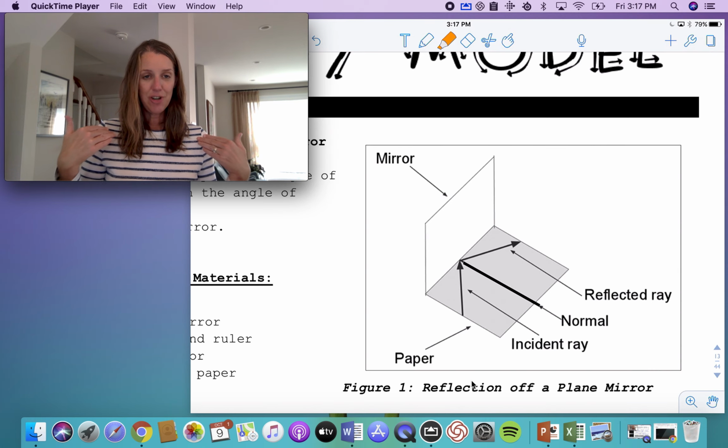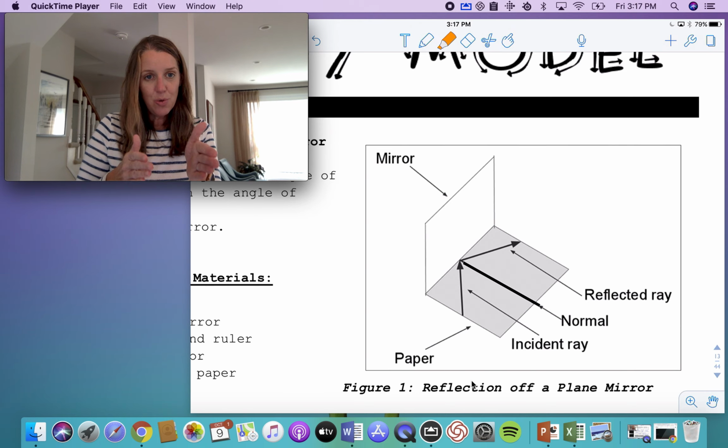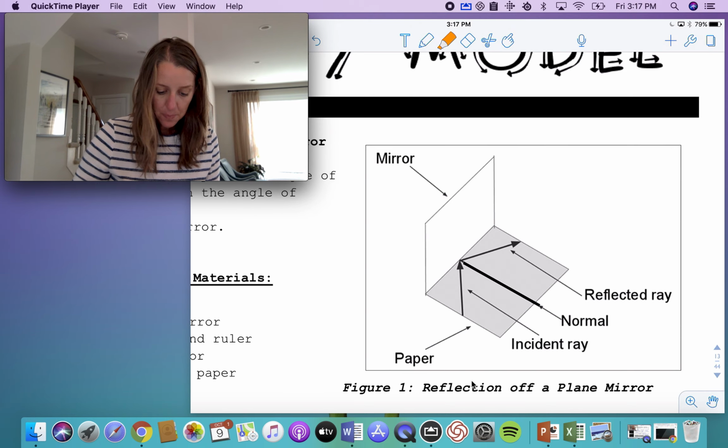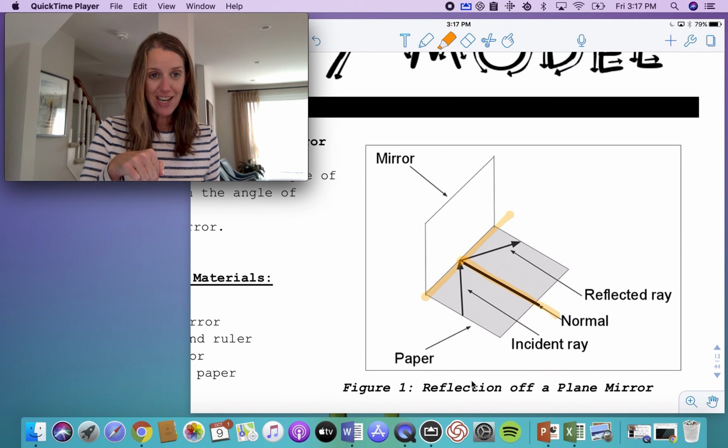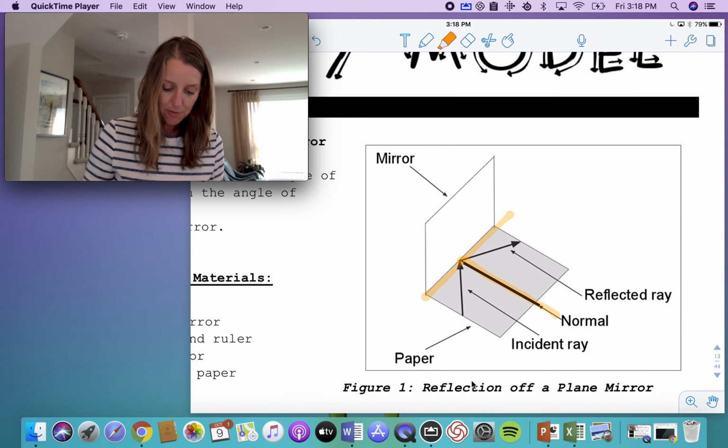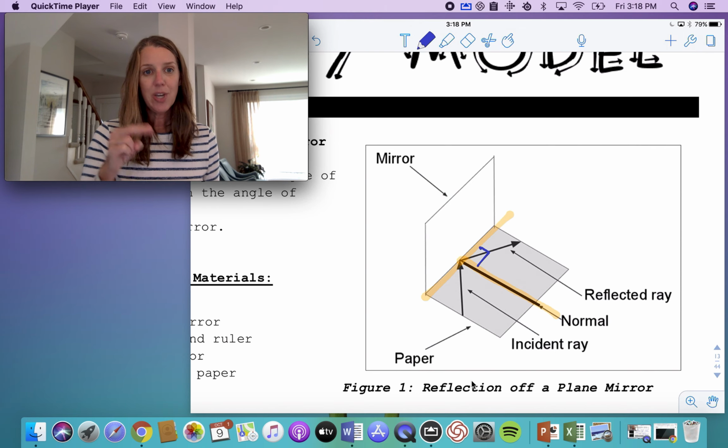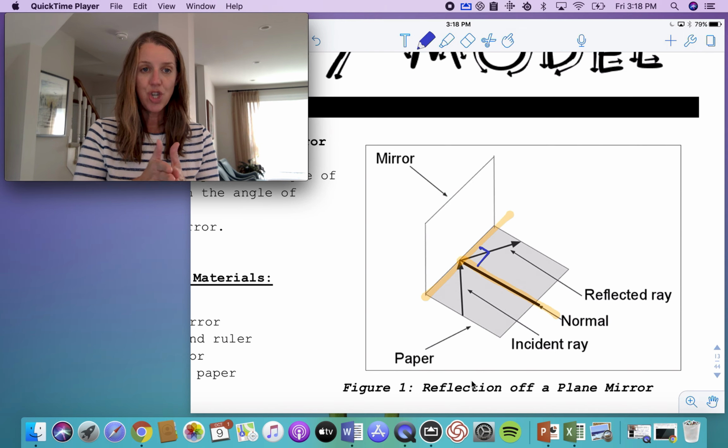Turn the lights on, turn your flashlight off, and then if you've got your mirror and your normal that you created at a 90-degree angle from the piece of paper, you can investigate what happens when you change the angle of incidence versus the angle of reflection, okay?